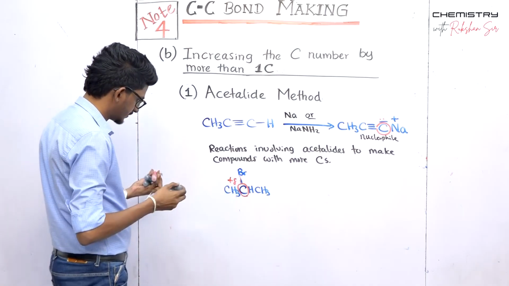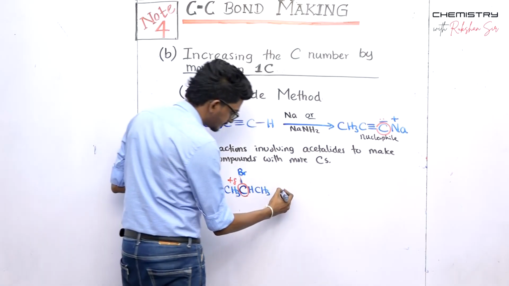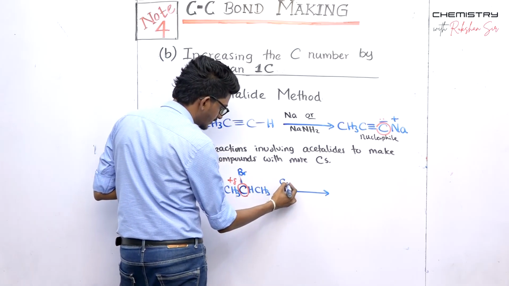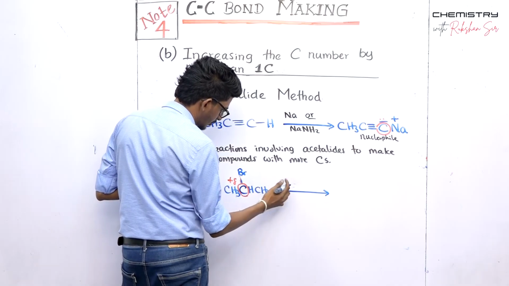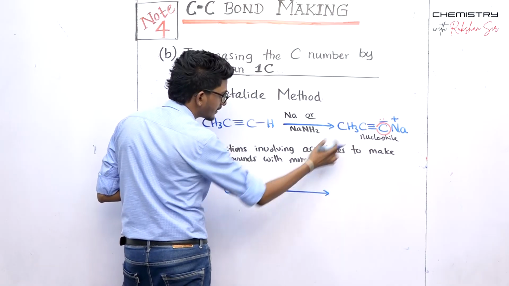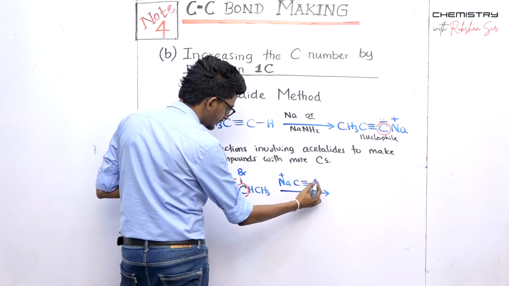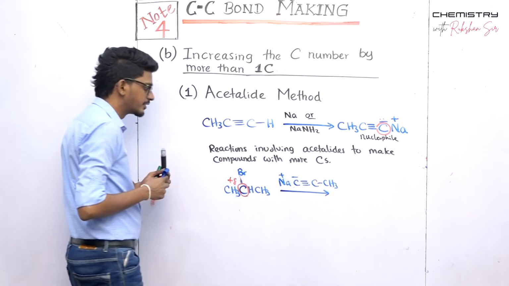you can attack by a sodium acetylide. See, if you add this thing, CH3, I'll add the same compound like this. This one is minus, just like this sodium acetylide.